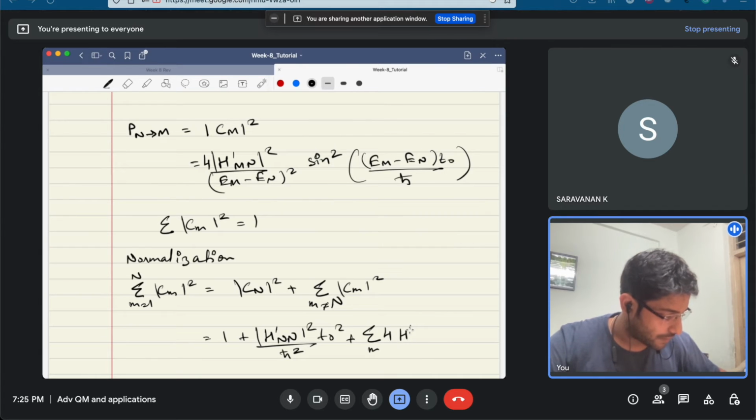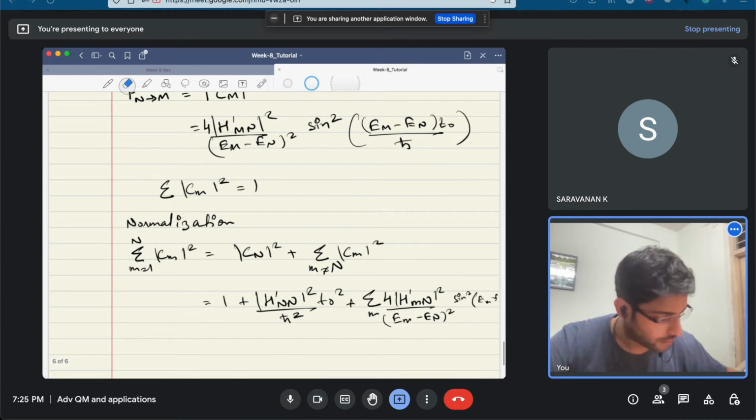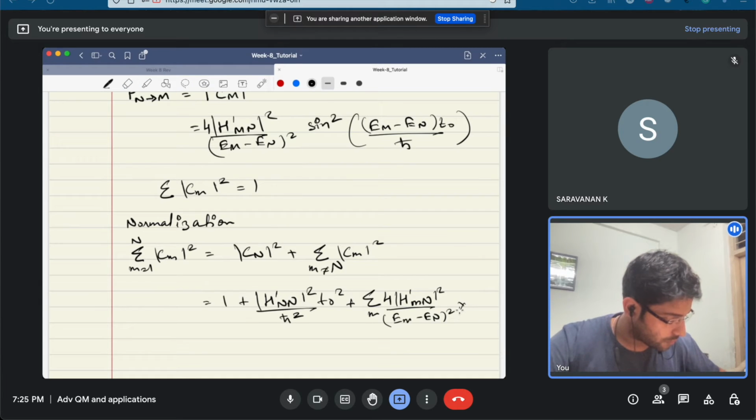You can just replace the capital M with small m and write it as it is, with the square, and you have the sine square term with Em minus En t naught by h bar. Sorry, it's getting congested here.